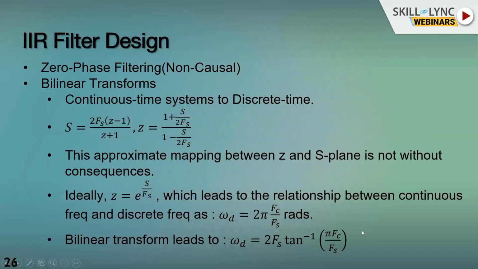This warps the digital Z plane when we are mapping from the S plane to the Z plane, and we have to take care of this mapping when we are doing it. This is an important concept to understand and use when we are designing IIR filters.